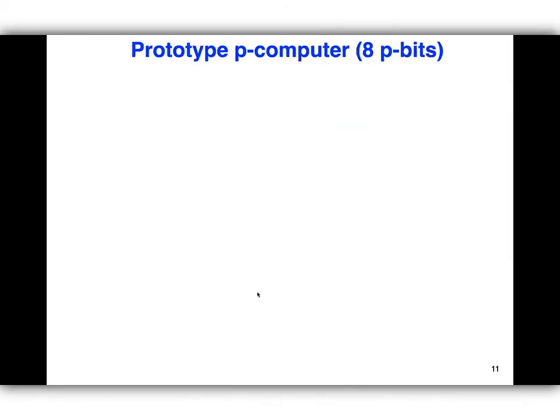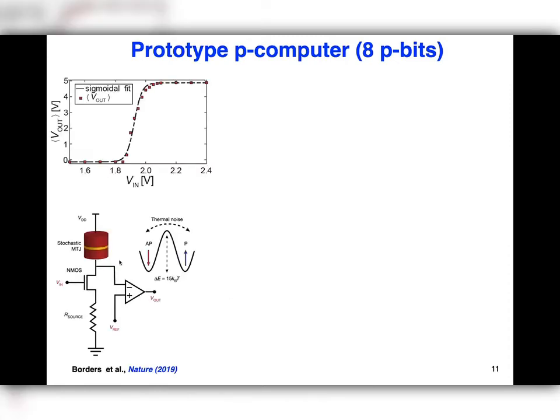Okay, so we've built this device. We have a prototype, in collaboration with Tohoku University. They provided us these stochastic MTJs, and we built that circuit I showed you earlier with a source resistance to control it, because we didn't have access to FinFETs. So you have to use discrete transistors, and we added a source resistance here. Otherwise, it's pretty much the same circuit.